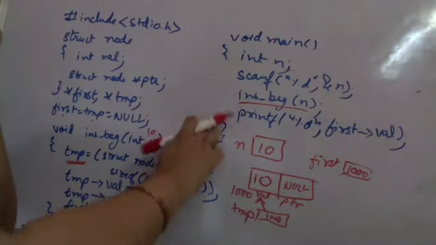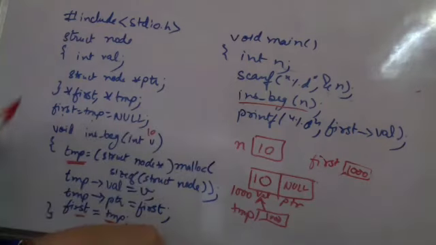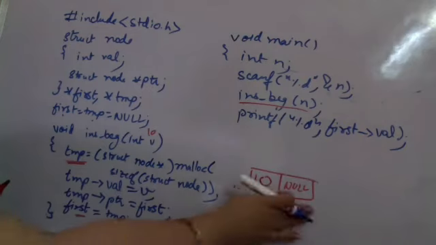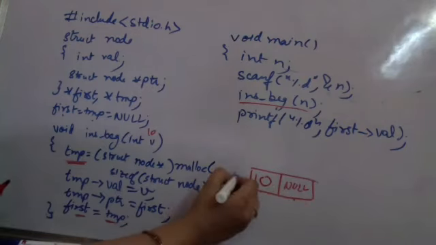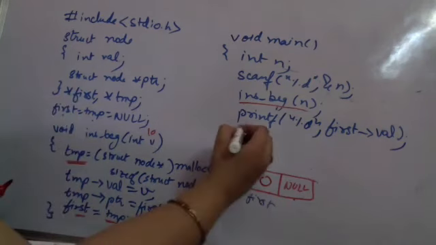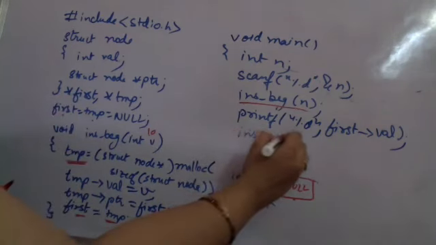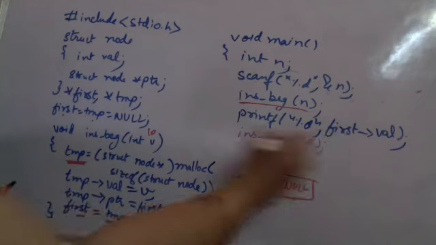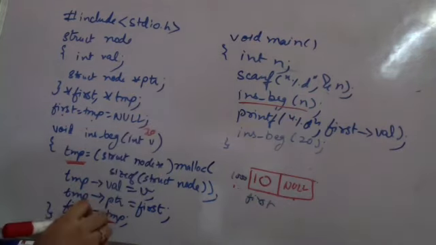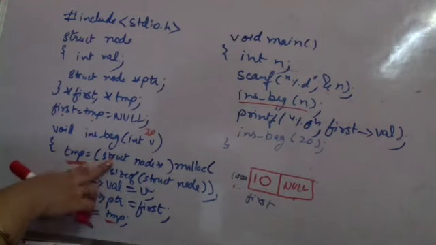Now supposedly I am trying to insert another thing. Supposedly now this becomes my first. Now this address 1000 is my first, right? Supposedly I do insertion at the beginning of a value say 20 and I am printing again. So what will happen? Again insertion at beginning is called with the value 20. Now again a new node is created.